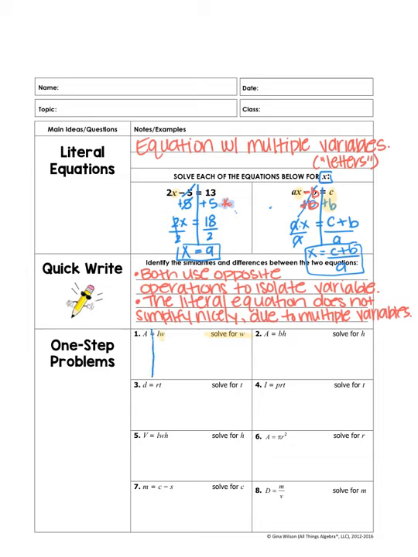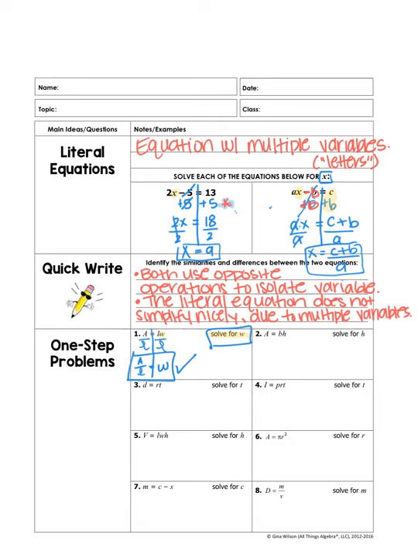It says A equals L times W, and I want the W all by itself, which means to get rid of the L in front of it, since it's being multiplied, I'm going to have to divide. So you're going to divide both sides by L. So you'd have A over L equals W. Did I get W all by itself? Yeah, I did. So W would equal A divided by L.